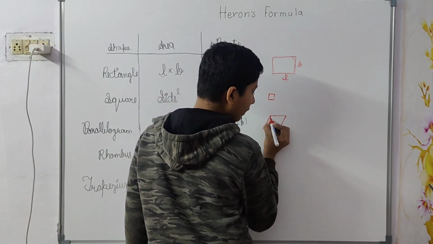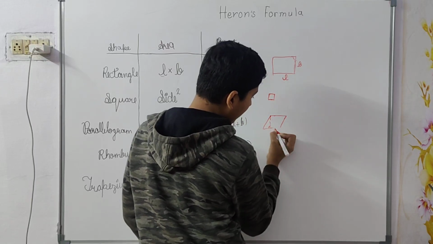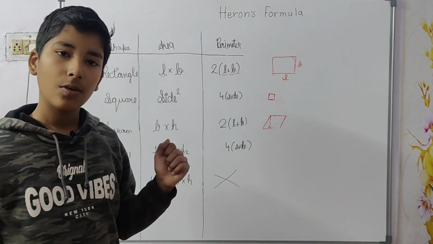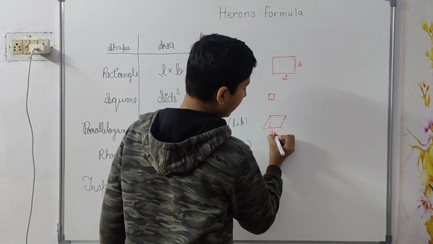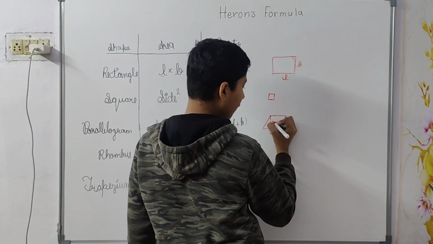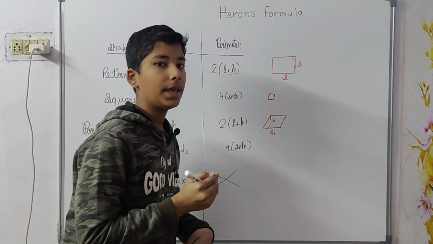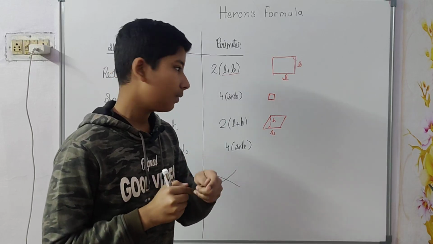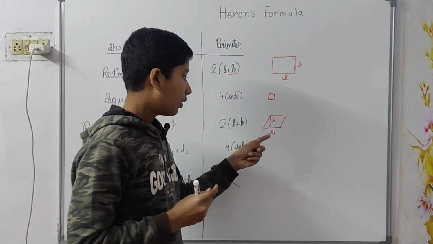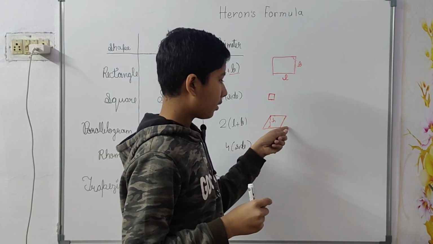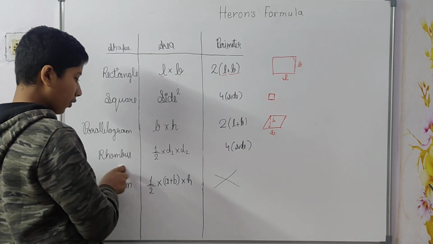See, height is this one, which forms 90 degrees at the base. This lower part is base and this 90 degree forming is height. Base into height is the area of our parallelogram, and its perimeter is the same, 2 into (L plus B), same as the rectangle.